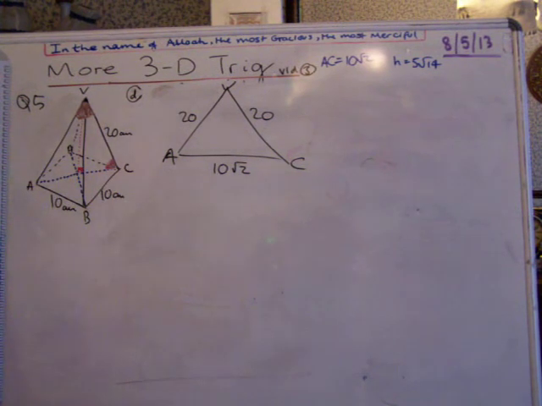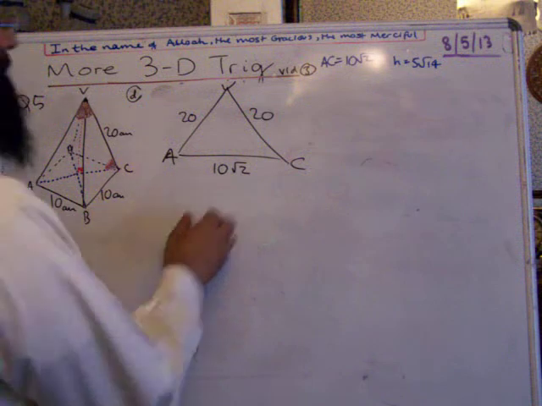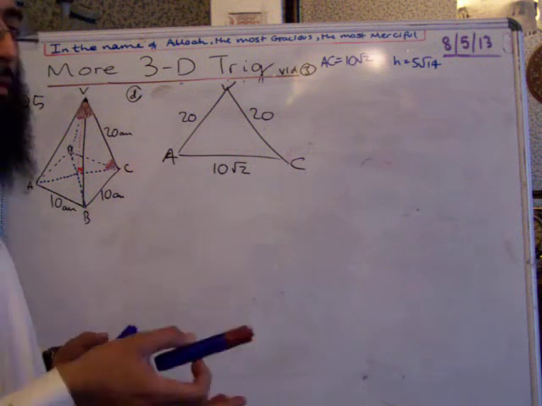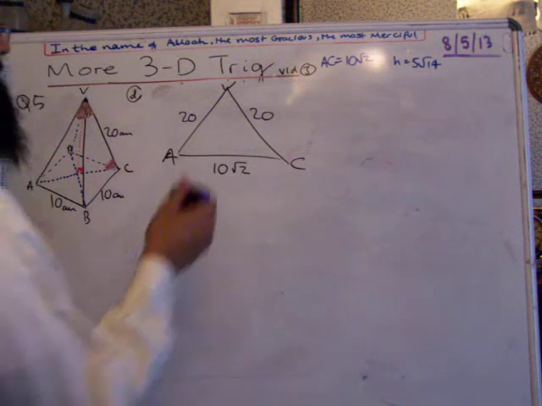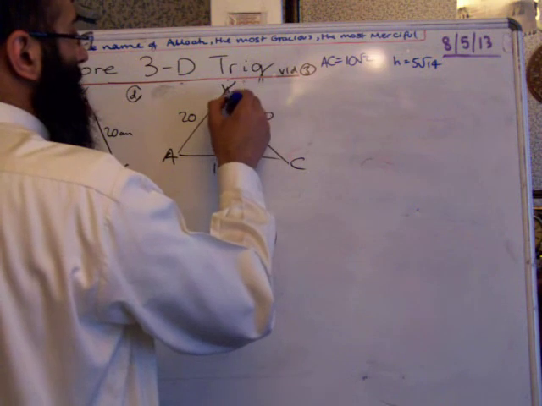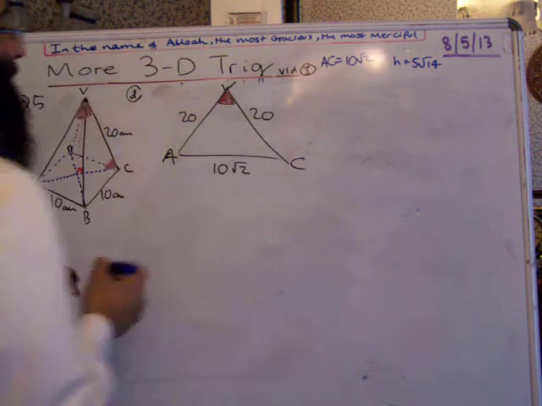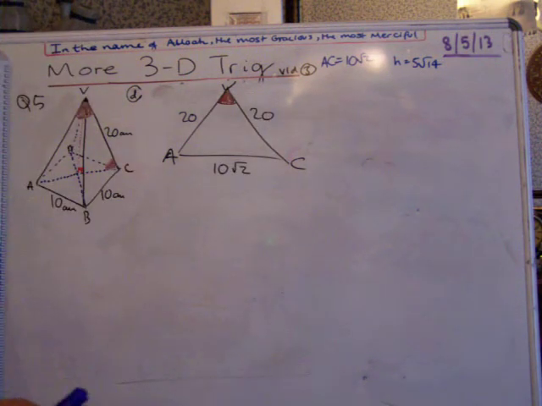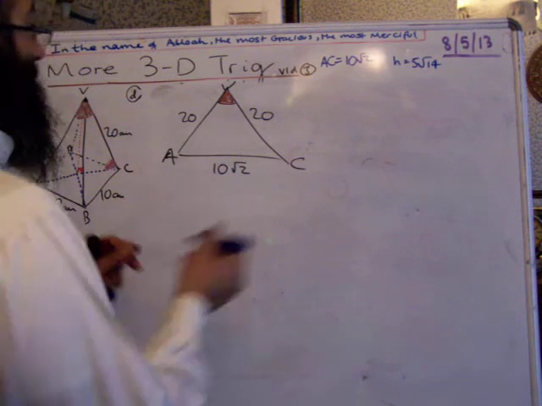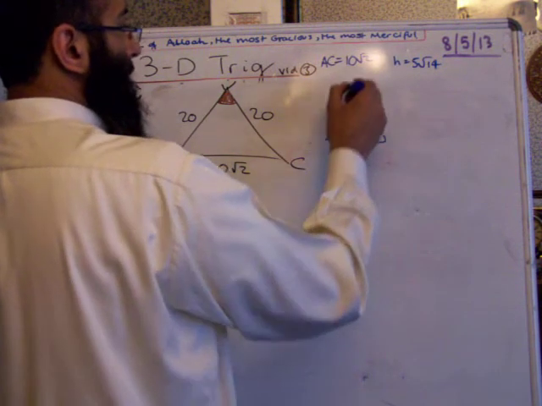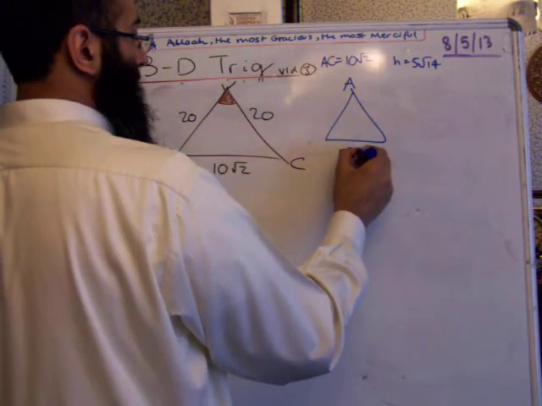Okay, ready? So this question is similar to the one we've just done. We've got to work out this angle over here. Right, I'm going to quickly relabel the diagram. I'm going to call that big A, little a.